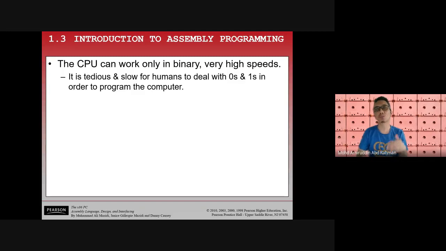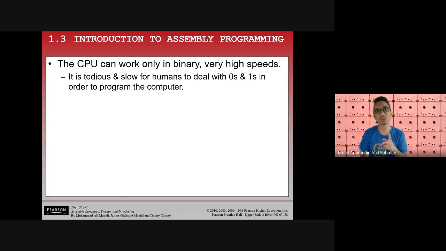Even to state the number 4, you must code 0100.